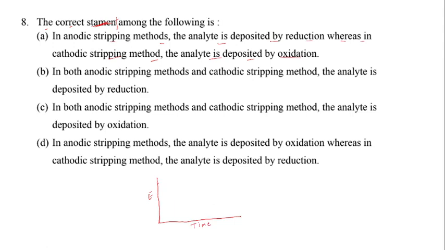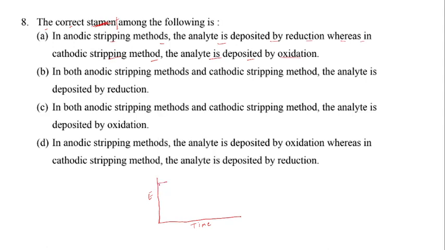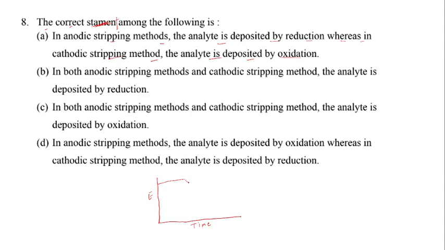Initially you are applying some potential where deposition is going on, then you are decreasing the potential, so again it is coming into solution. Stripping is there. So you can say it is deposition, and then it is stripping.